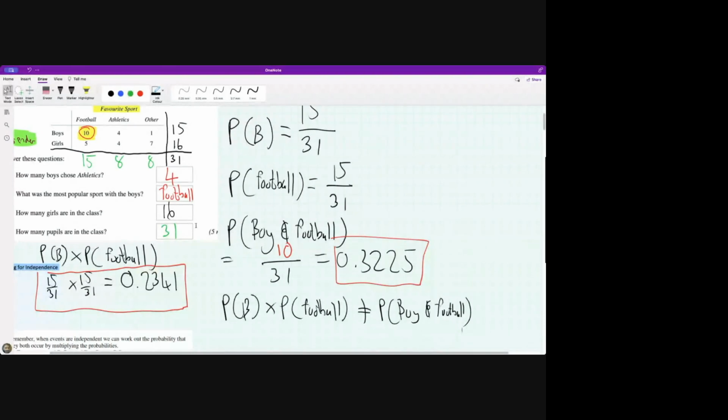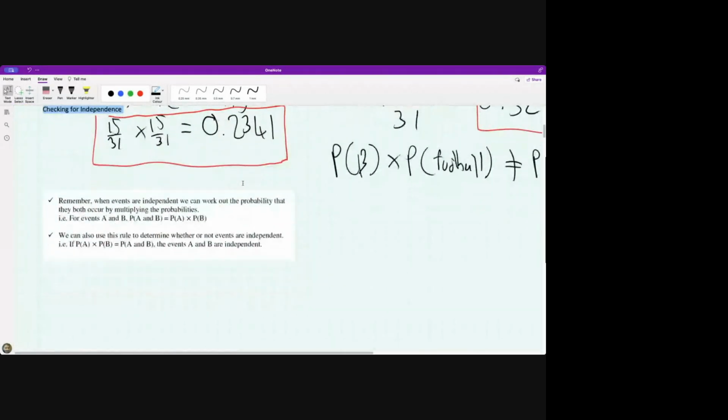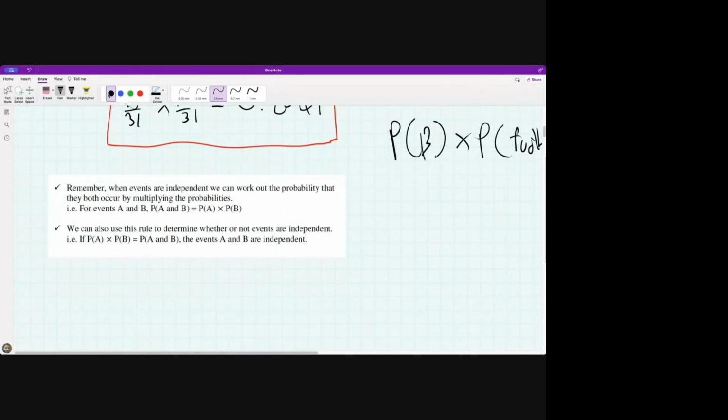Okay, now, this is how we check for independence. So let me show you the definition. And then we're going to do another example where you're going to fly a bit more solo. Remember, when events are independent, we can work out the probability that they both occur by multiplying the probabilities. So this is not what we're doing now. This is actually when they say these events are independent.